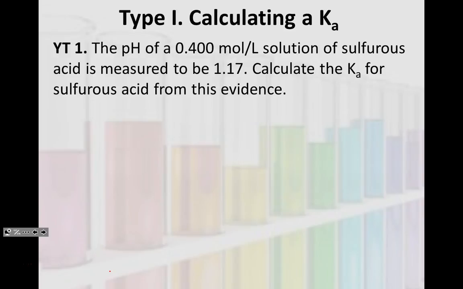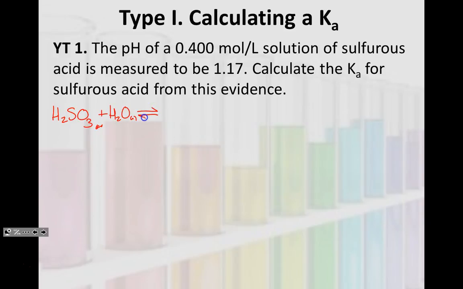So the pH of a 0.400 mole per liter solution of sulfurous acid is measured to be 1.17. Calculate the Ka for sulfurous acid from this evidence. So sulfurous acid is H2SO3. I'd be putting it in water. I should put aqueous here. Water as a liquid.